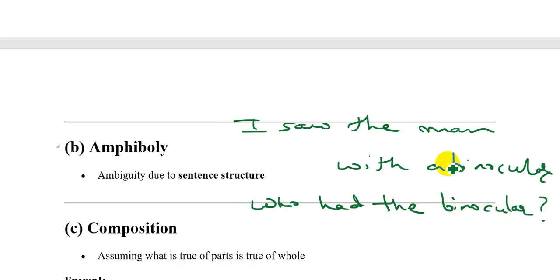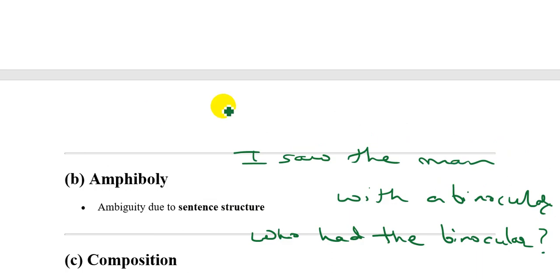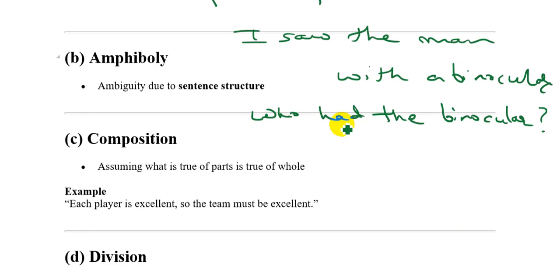The man seeing had the binocular, or the man seen had the binocular? It is not clear. A says that I saw B with a binocular. So did A have the binocular, or did B have the binocular?